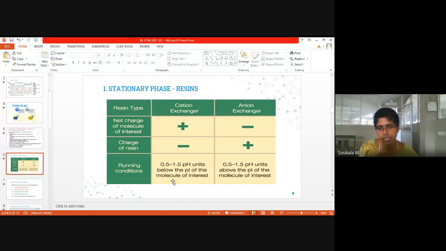PI value also represents the pH at which the molecule exists with no net charge. Okay, so below the PI value we have to choose the pH for acidic exchanger or cation exchanger, and above the PI value we have to choose for anion exchanger or basic molecules. Got it?